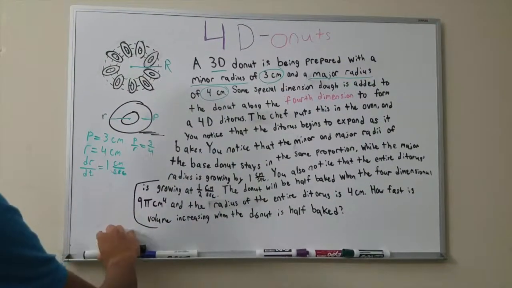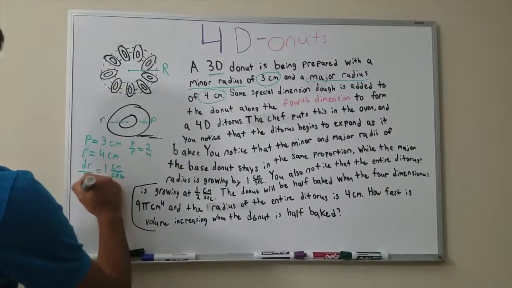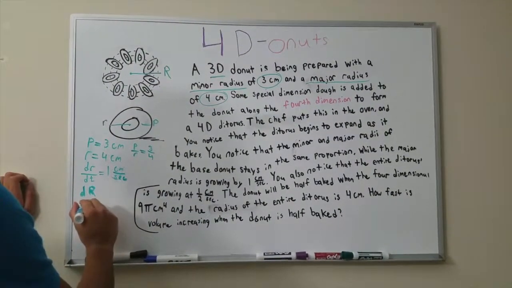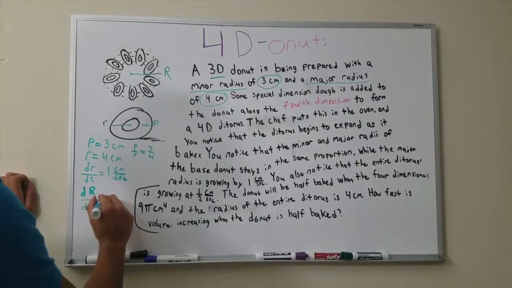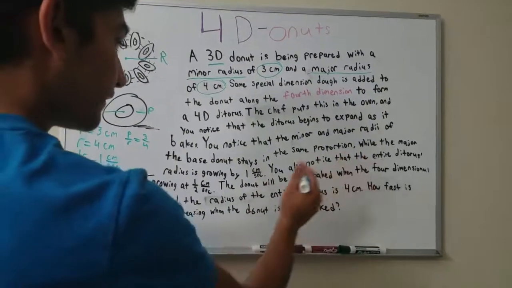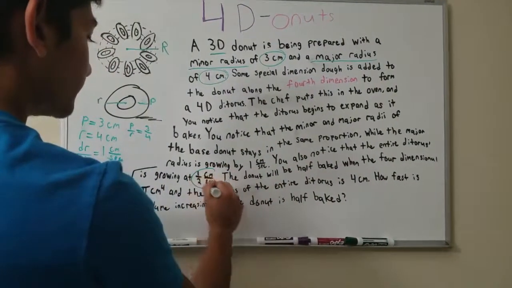So we know that the change in the large radius with respect to time is going to be 0.5 centimeter per second.